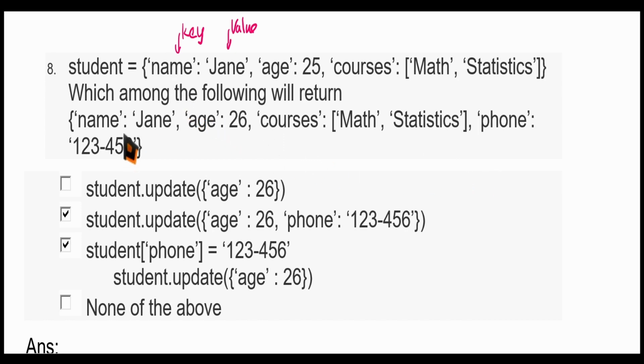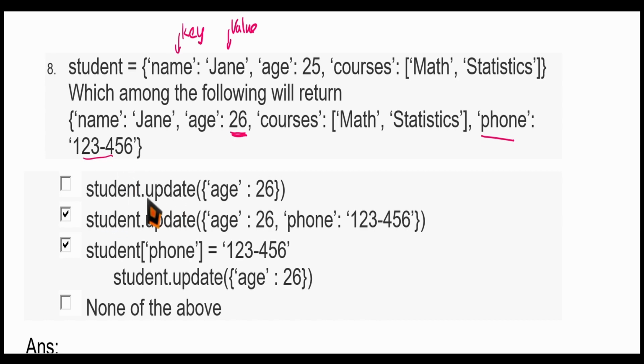Actually, name is already there, but age has been changed to 26. Courses are as it is, and phone and value has been added. So here, value 25 has been changed to 26, and one more key value pair has been added.